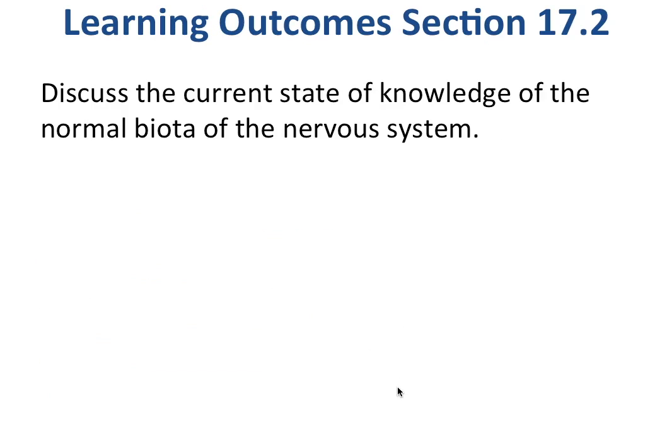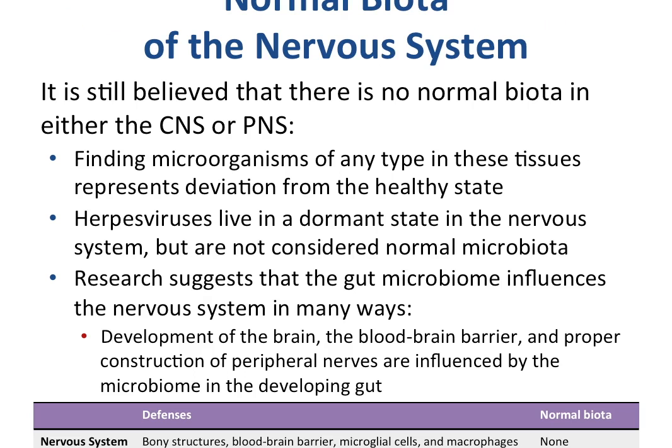Now let's work on section 2, the biota of the nervous system. Until now, scientists still believe there is no normal biota in the nervous system, because the nervous system is a very precious organ, so it cannot allow inflammation to happen there.